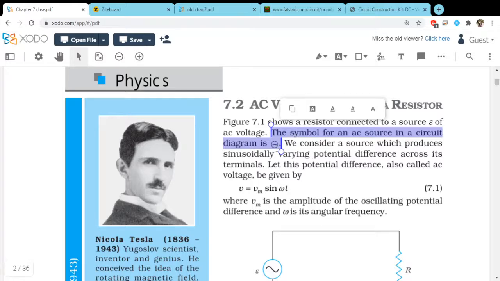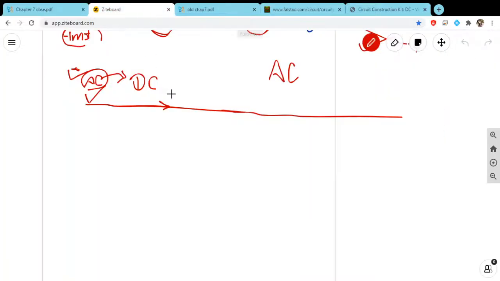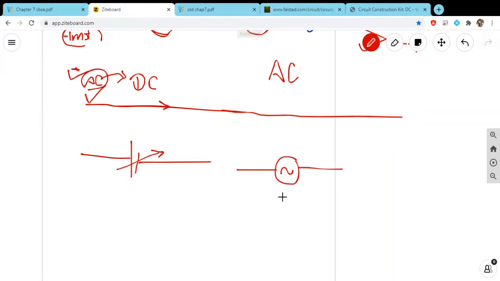You know the symbol for the DC battery, and if the battery is variable, meaning you can change the voltage, then there is a variable battery symbol. But for the AC source, you draw a circle and a sine wave indication. This makes the AC source symbol.